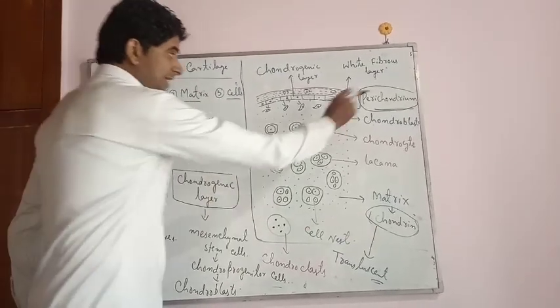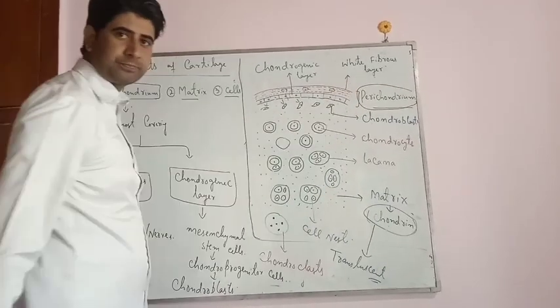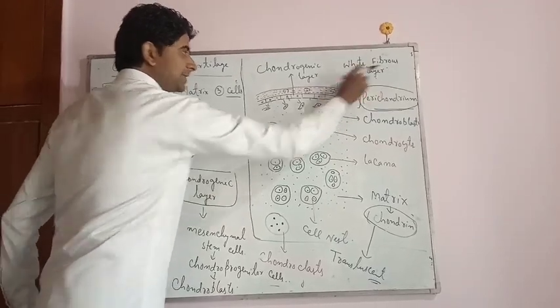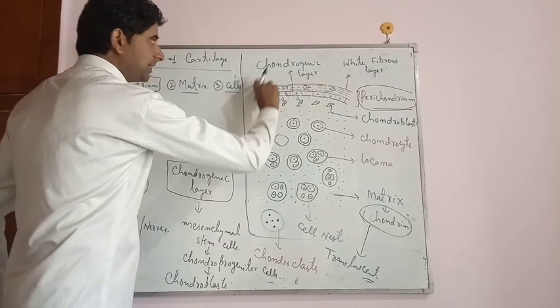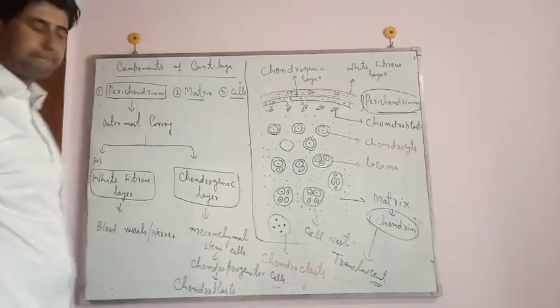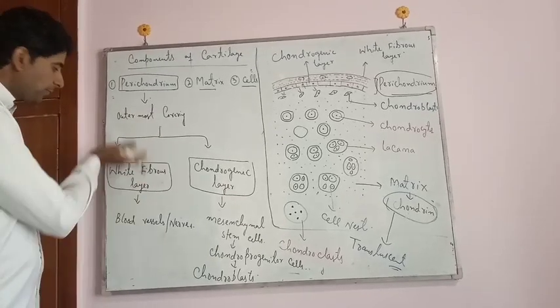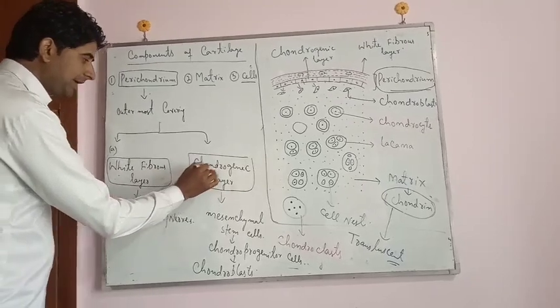And this perichondrium is itself divided into two layers. The outermost is termed as white fibrous layer, whereas the inner one is termed as the chondrogenic layer. That means it has the two layers. Outermost को हम कहते हैं white fibrous layer, innermost को हम कहते हैं chondrogenic layer.